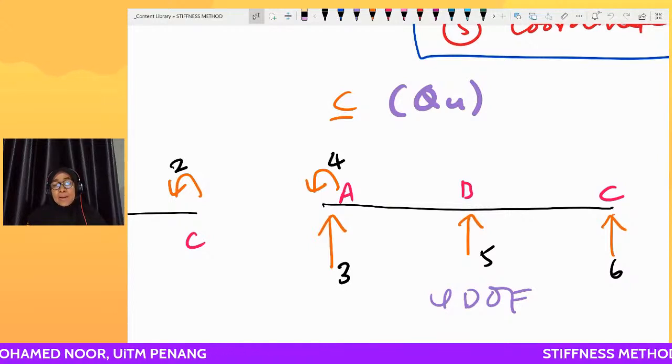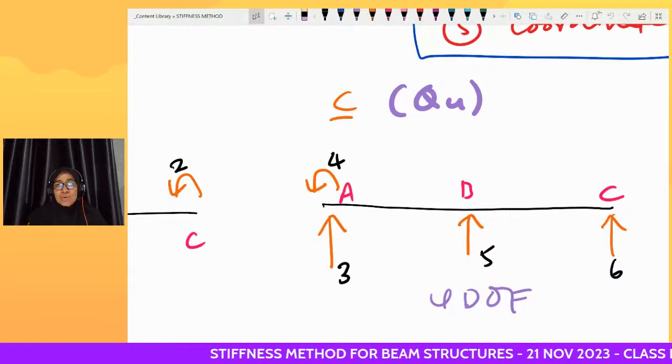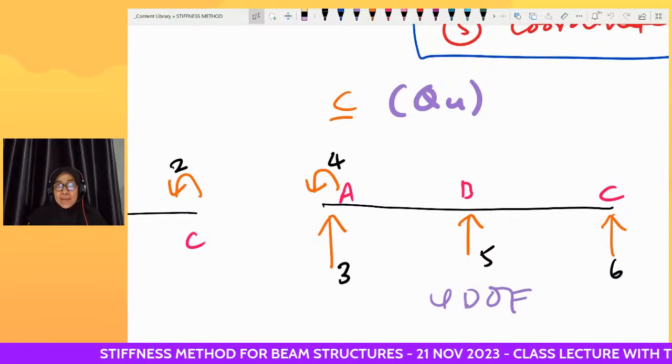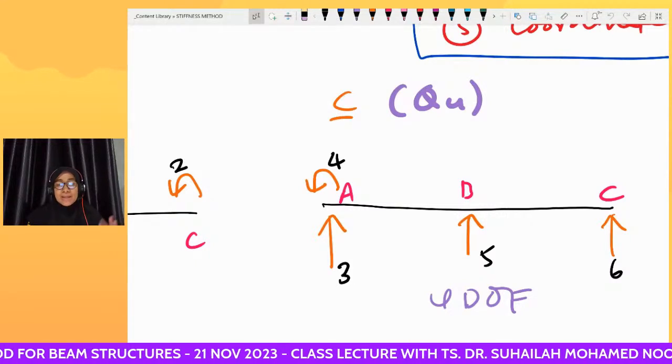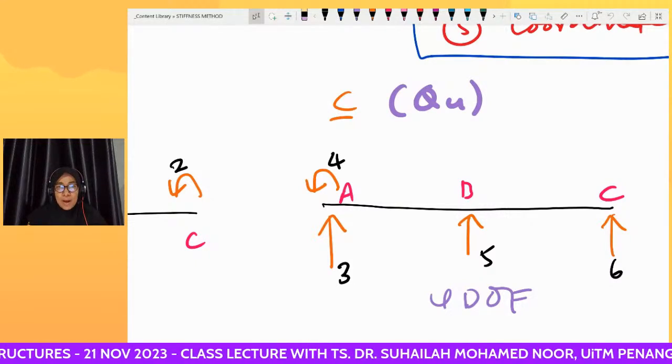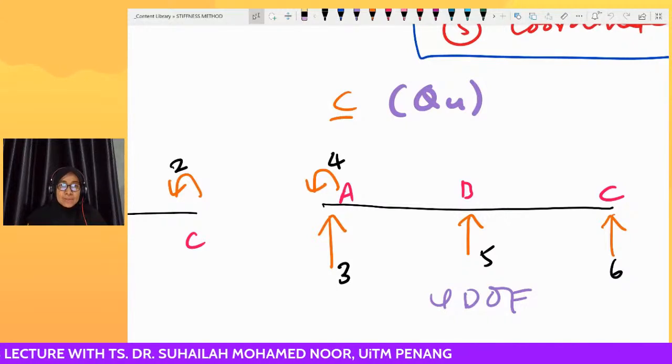At joint B, as we know, there are BY and CY at B and C. That is why we have 4 degrees of freedom in the constrained system.